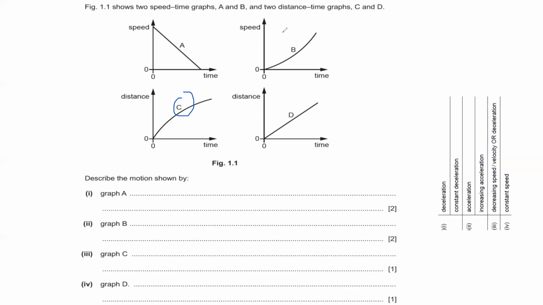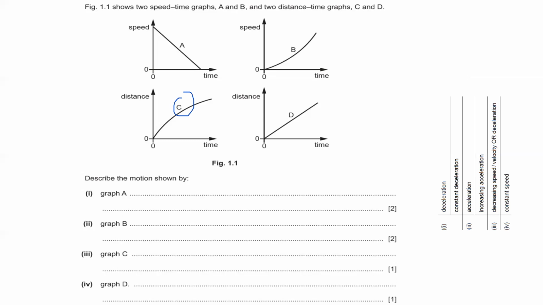What is happening in graph C? Is it accelerating or decelerating? The object, distance time graph, accelerating or decelerating? I'm talking about C. Yeah, that's right, Basra.